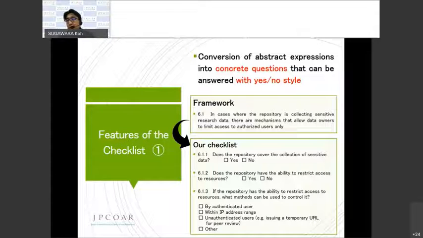Does the repository have the ability to restrict access to resources? And if the repository has the ability to restrict access to resources, what methods can be used to control this? As a result of accumulating such questions, a checklist of 69 items was completed.